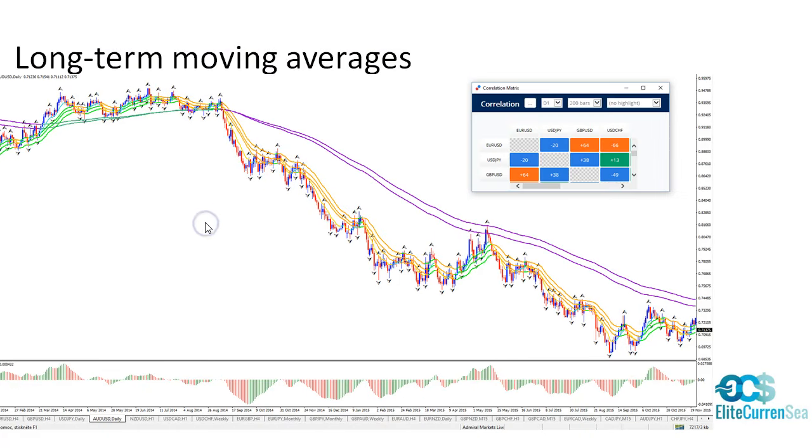All right. Now, the long-term moving averages I use are basically these purple lines. The purple ones are long-term, and they're 144 and 169 EMA close, which is referred to by traders as the tunnel. These numbers are also Fibonacci based, and basically price tends to respect these long-term very much so.